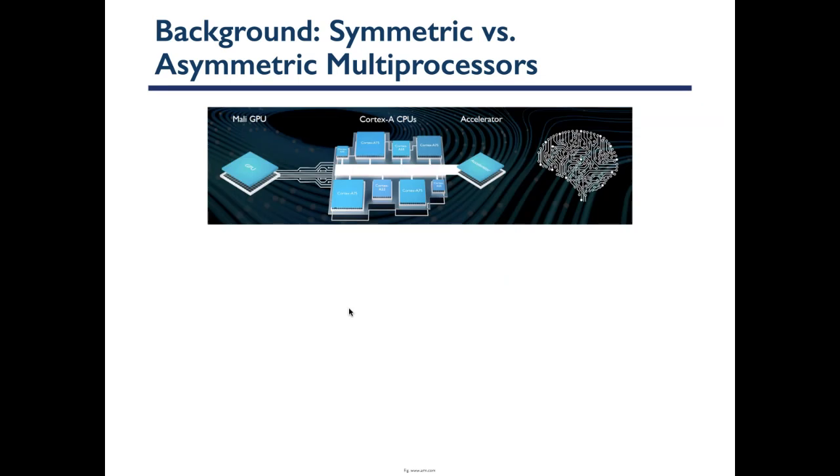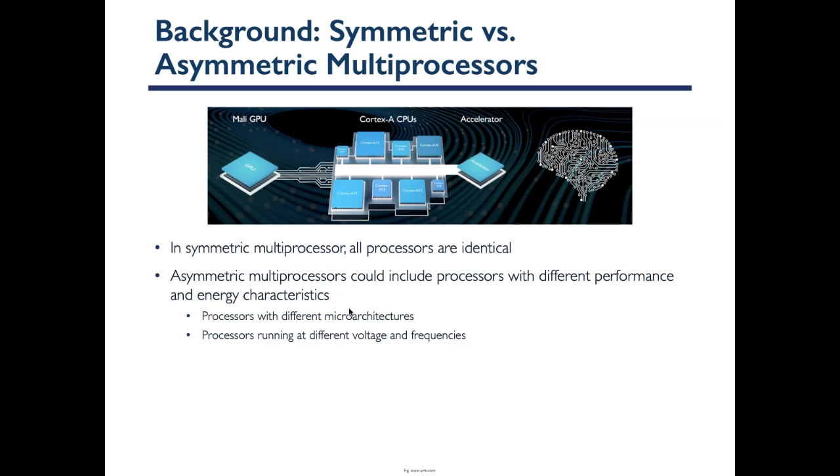Usually in your systems, your laptop, your PC, if you have a multiprocessor, all the processors that you have on your system are the same. So you have the same processor, but then multiple copies of that same processor.